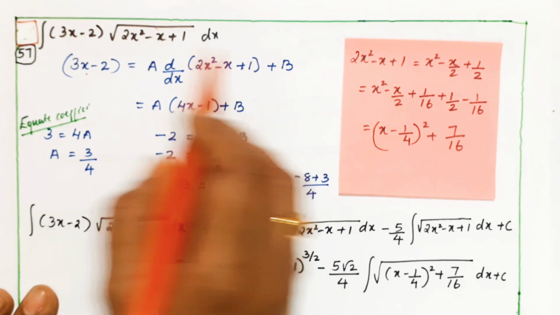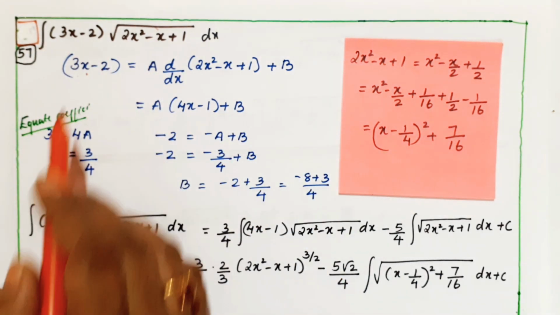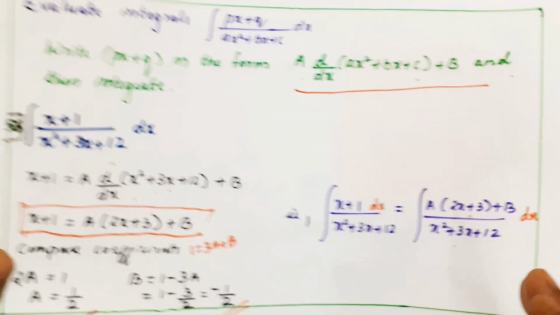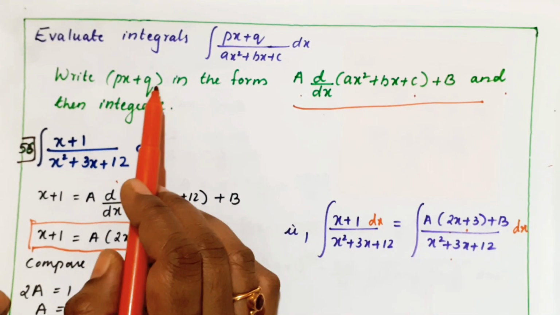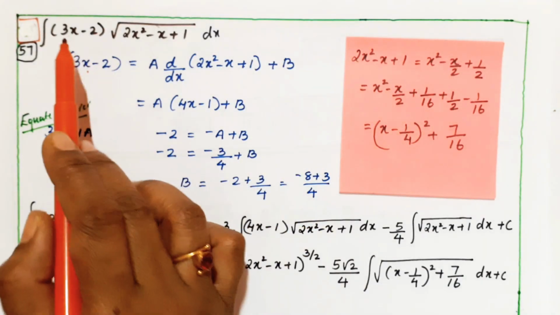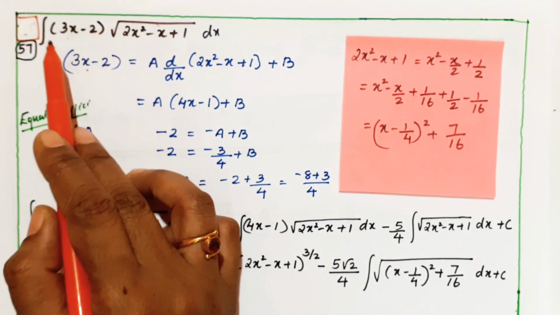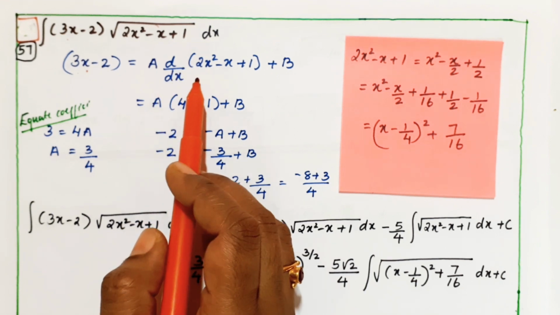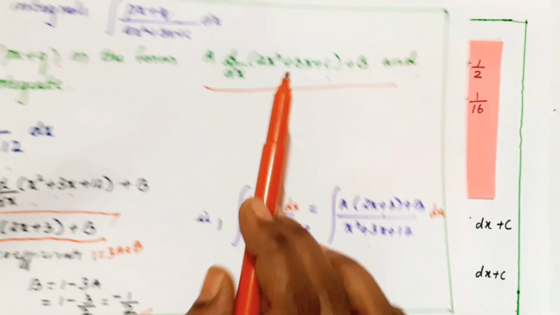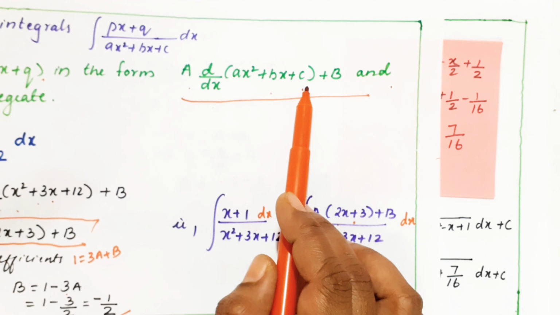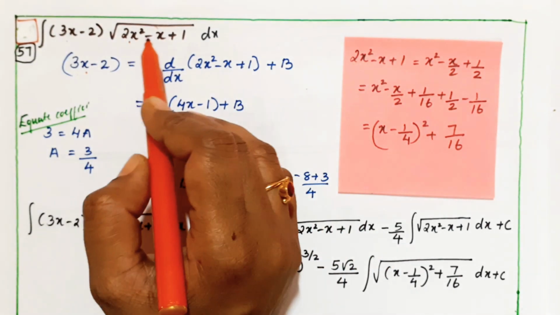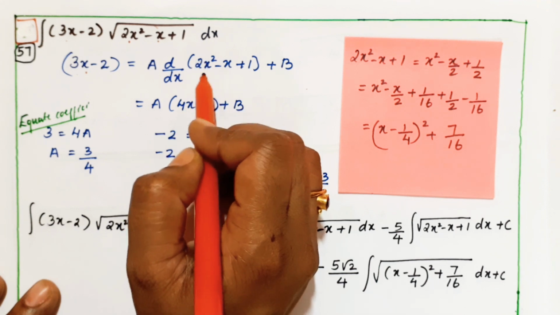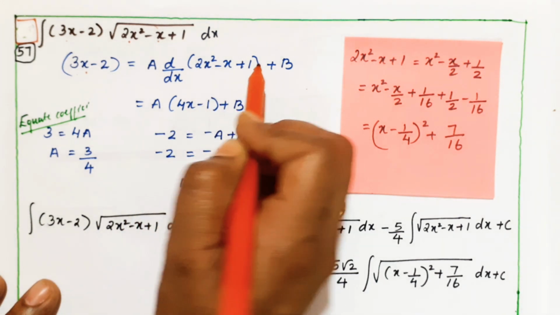How I did it, you see, that is the reason I told you the first term. px plus q, here px plus q is this 3x minus 2, in the form of a into d by dx of the term ax square plus bx plus c. That is d by dx of 2x square minus x plus 1, plus b.